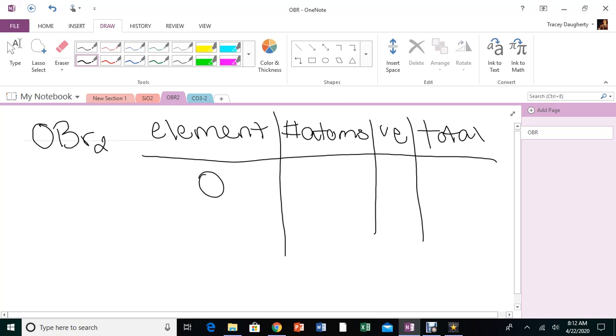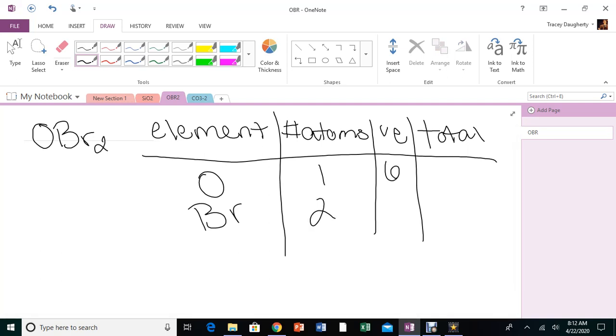We have O and Br. We have 1 oxygen, 2 Brs. Oxygen's valence electrons is 6, Br's is 7. 1 times 6 is 6. 2 times 7 is 14. For a total of 20.